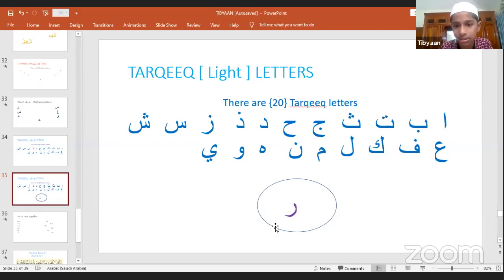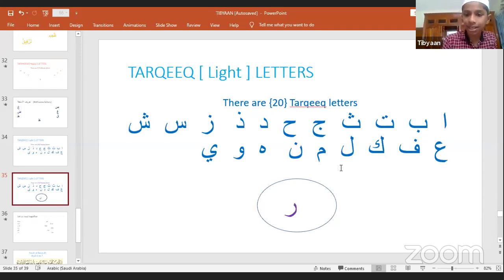Laam will have the same exception as raa, but only when laam is inside the word Allah. So laam usually is tarqiq, but in Allah it gets both tafkhim and tarqiq, which we are going to learn in the next class, inshallah. We are going to learn more about this tafkhim, more about raa and laam of Allah.